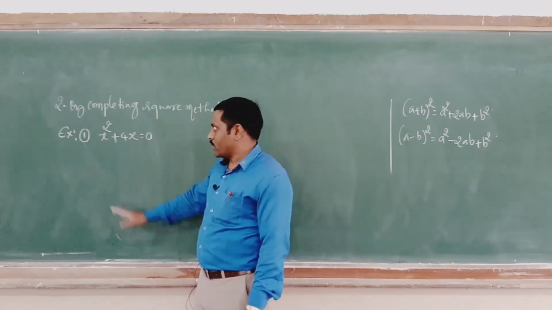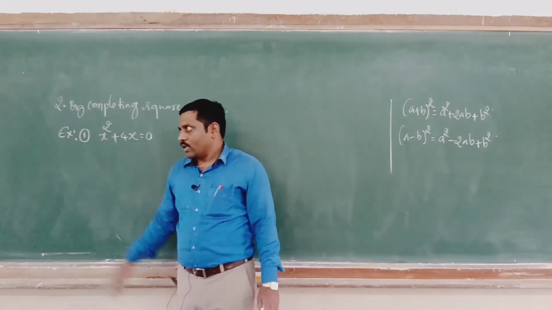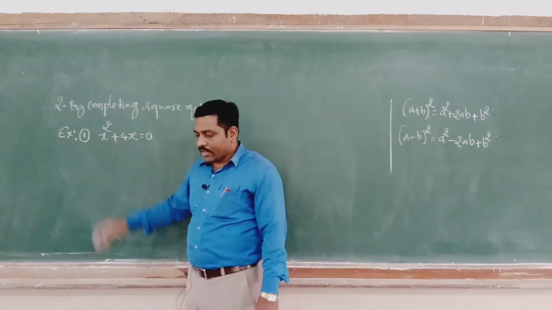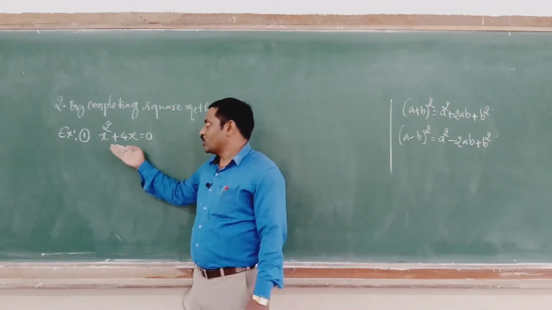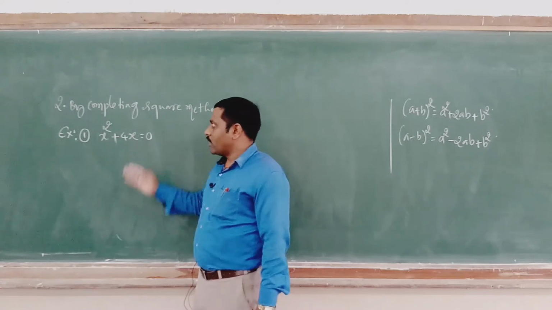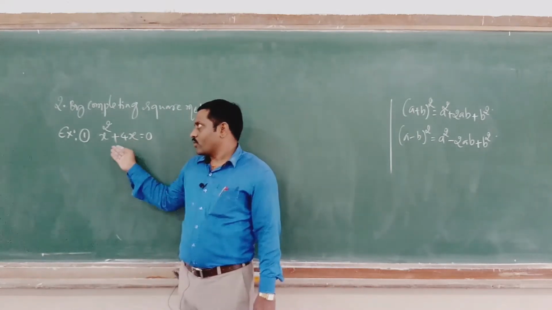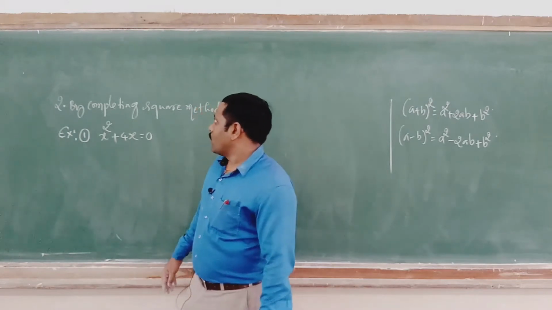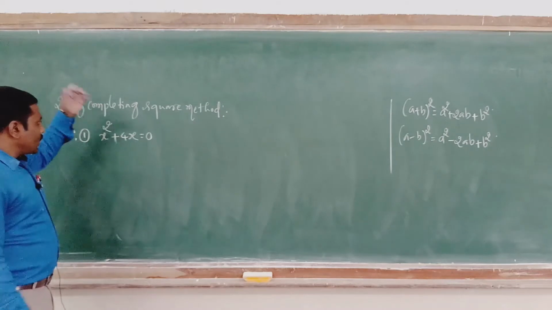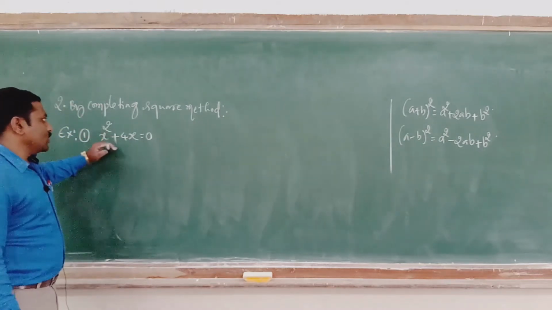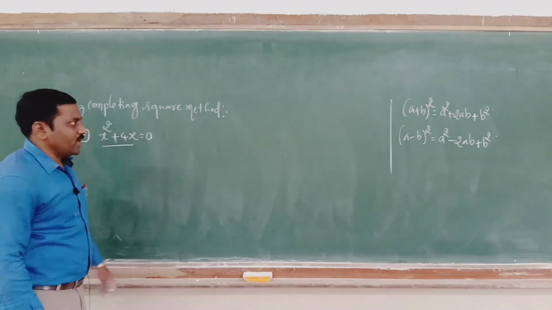No doubt this is a quadratic equation because the highest power of x in the polynomial is 2. Therefore it is a quadratic equation but having two terms, the third term is absent. So in such type of example, we use the completing square method. How to find the solution of this quadratic equation by using the completing square method?